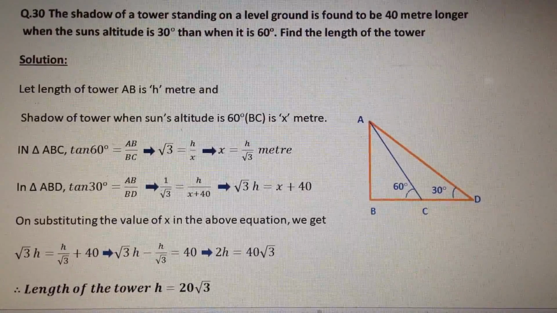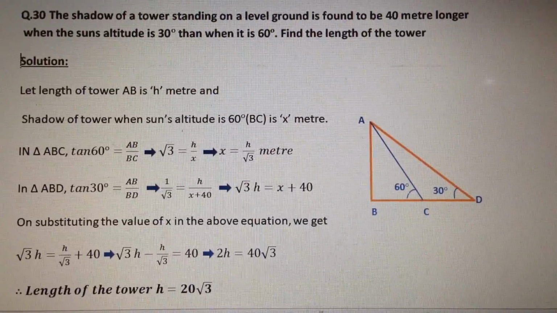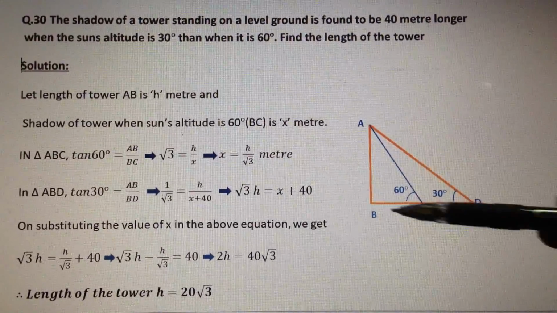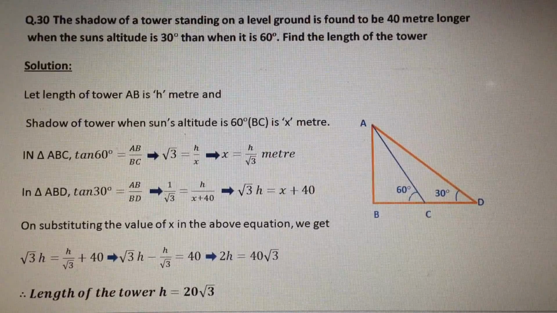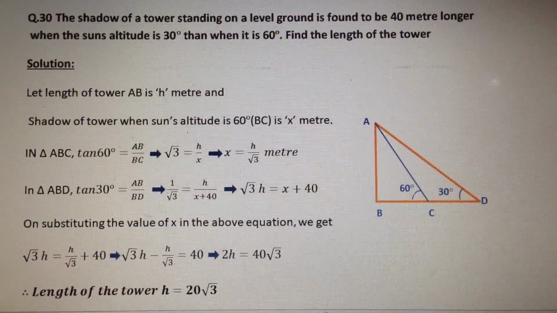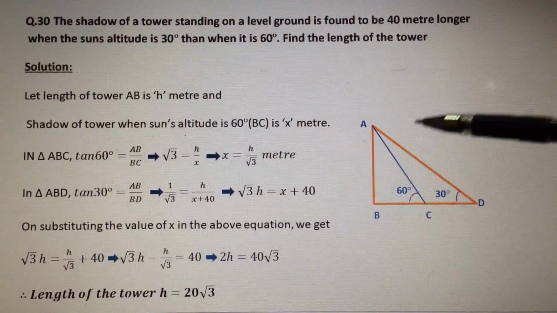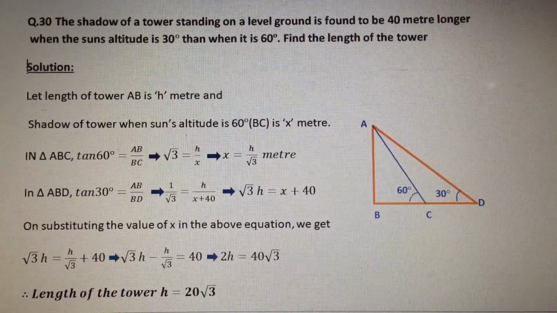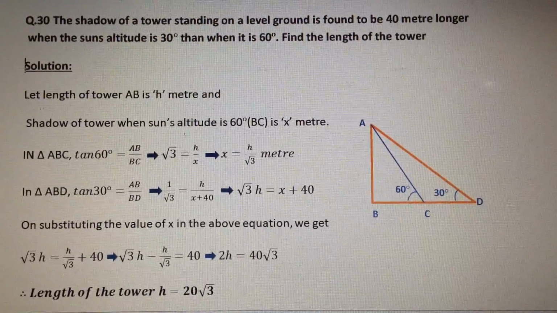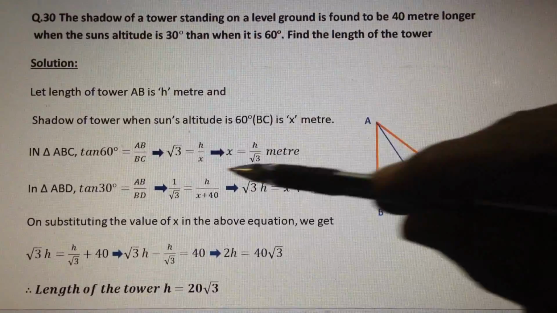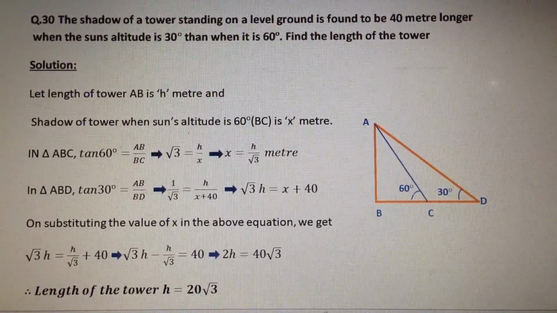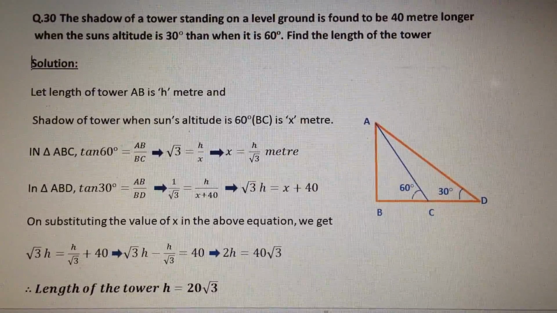Shadow of tower when sun's altitude is 60 degrees, that is BC, is x meters. In triangle ABC, tan 60 is equal to AB by BC. We know the value of tan 60, which is root 3. Therefore, root 3 is equal to h by x. Therefore, x is equal to h by root 3 meters.